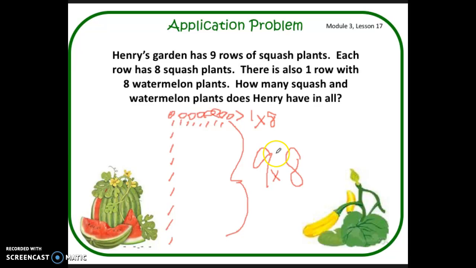To complete this problem, we need to solve each of these problems and add them together to find out how many in all. So go ahead and do that and press pause, and when you're finished with your answer, press play to check your work.